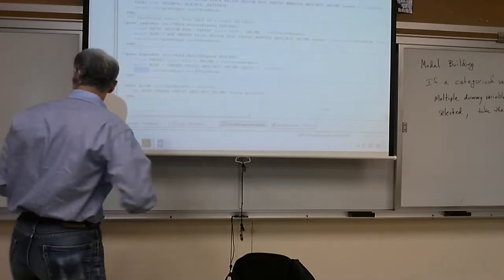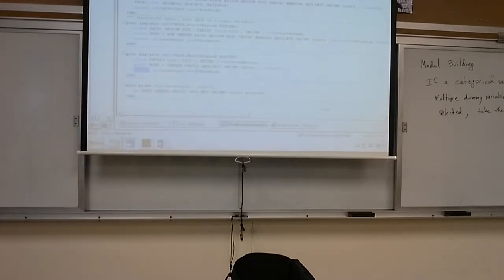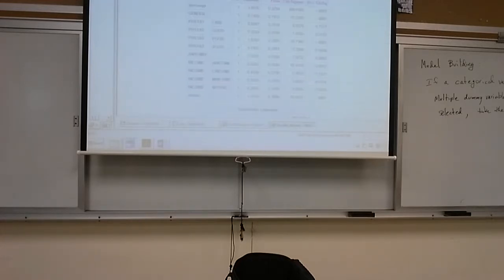All right, so let's write out the model. Let me go back to the output. These are our parameter estimates. So the intercept is negative 3.97.